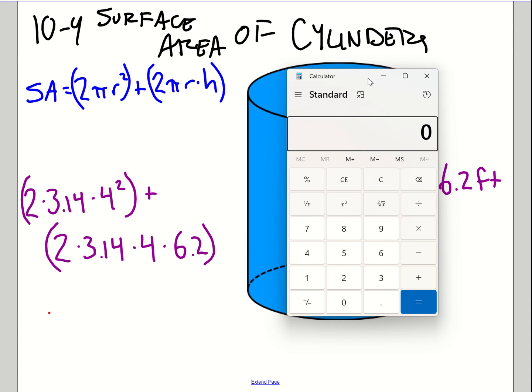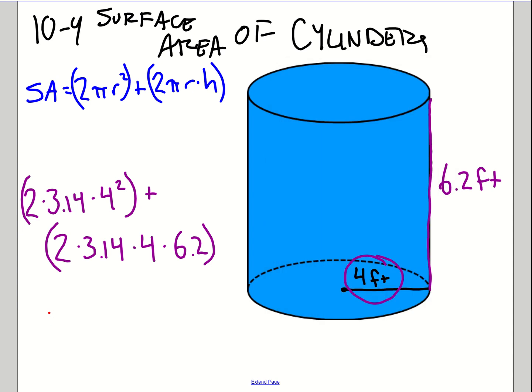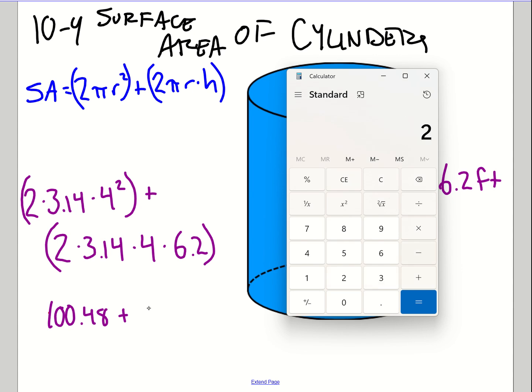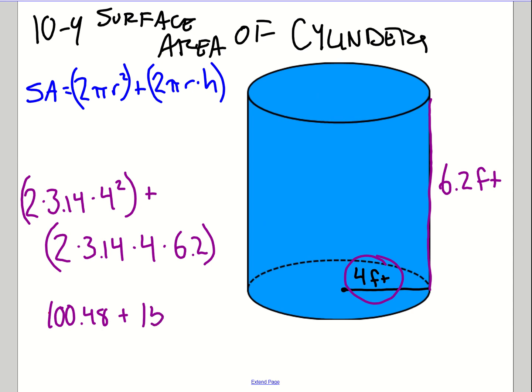Get out of here and get a calculator. 2 times 3.14 times 4 squared equals 100.48. 100.48 plus 2 times 3.14 times 4 times 6.2 equals 155.744.